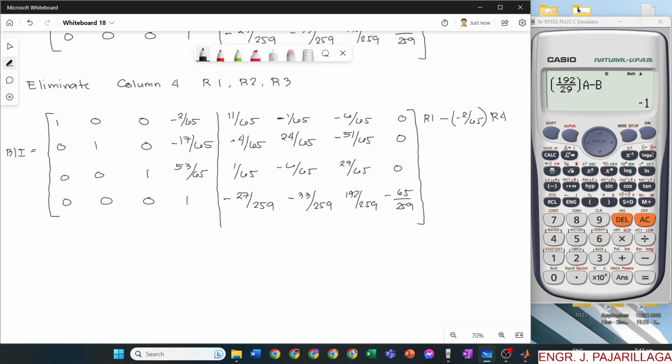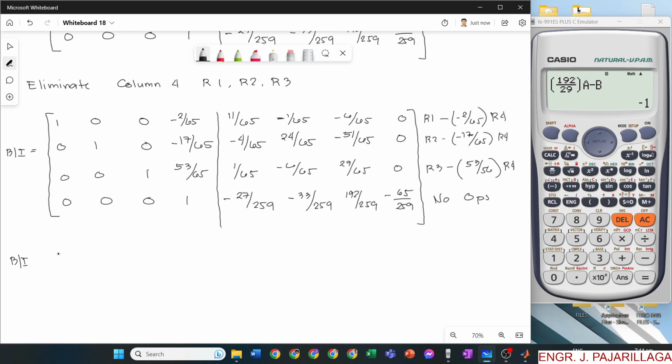And then we have here for row 2, we have row 2 minus negative 17 over 65 row 4. For row 3, we have row 3 minus 53 over 65 row 4. And lastly, wala tayong operation for row 4. Okay? So, i-apply natin yung operations na to.